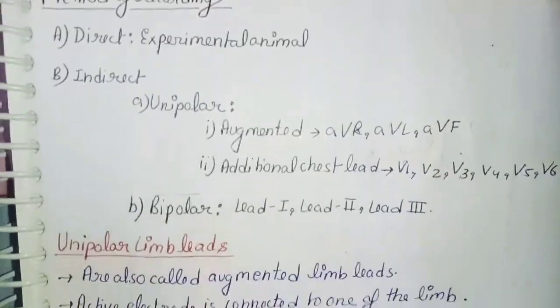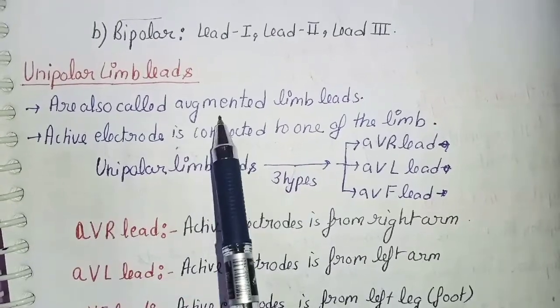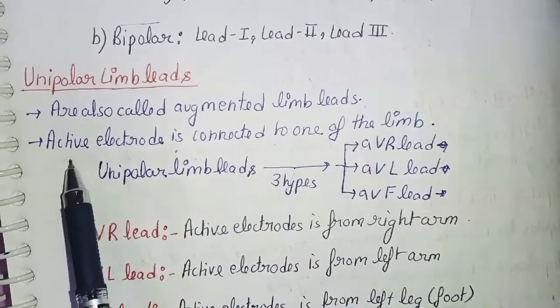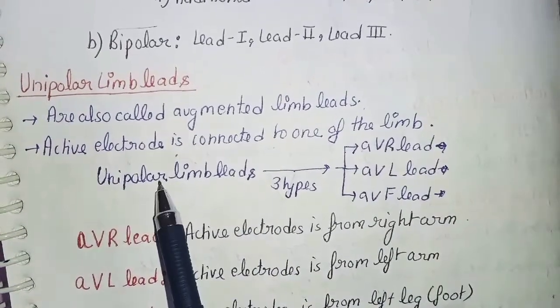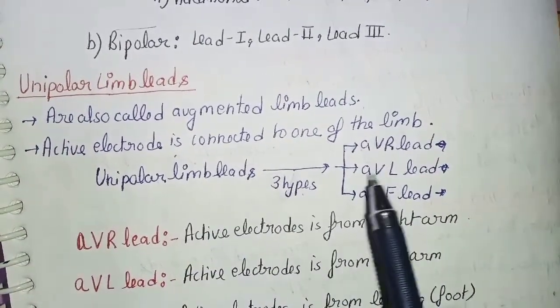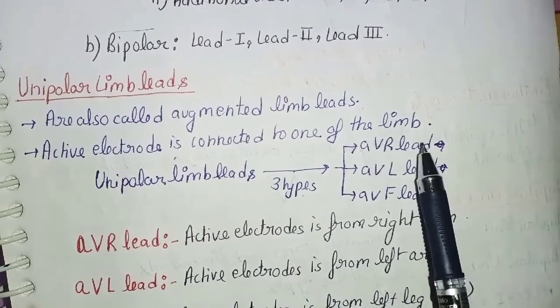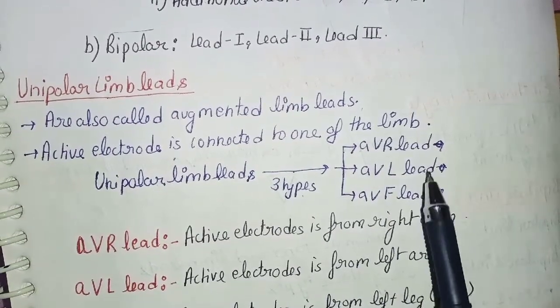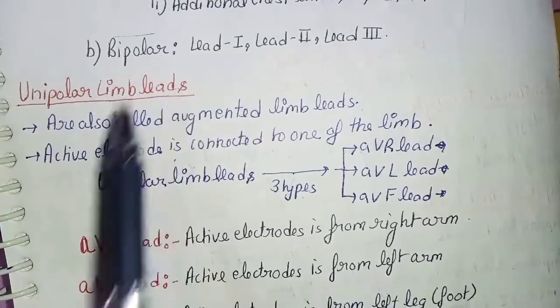Coming to unipolar limb leads, they are also called augmented limb leads. The active electrode is connected to one of the limbs. Unipolar limb leads are of three types: AVR, AVL and AVF. These three leads together are called unipolar limb leads.